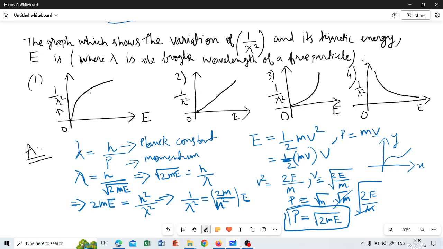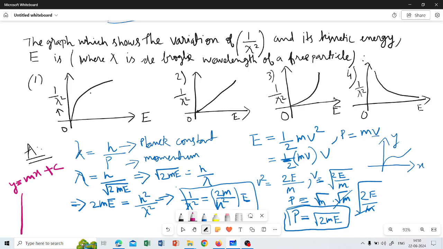Now if we compare this expression with the expression of a straight line, that is y is equal to mx plus c, this is the equation of a straight line, where m is the slope.